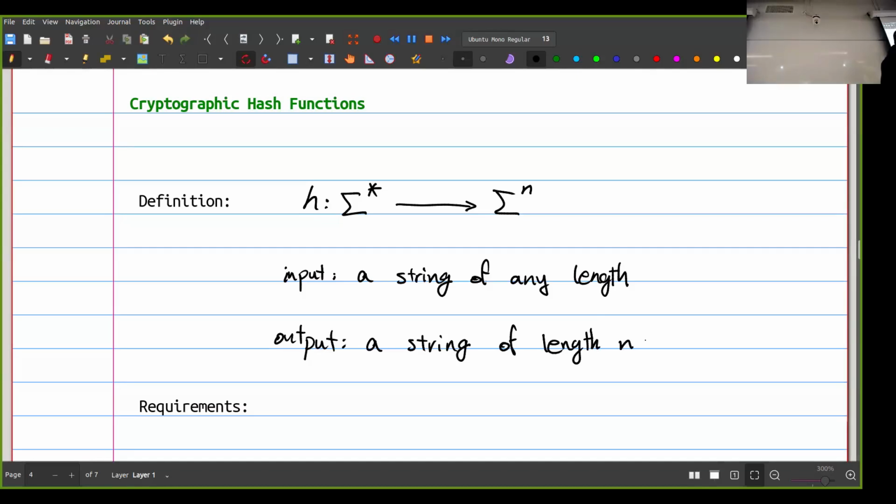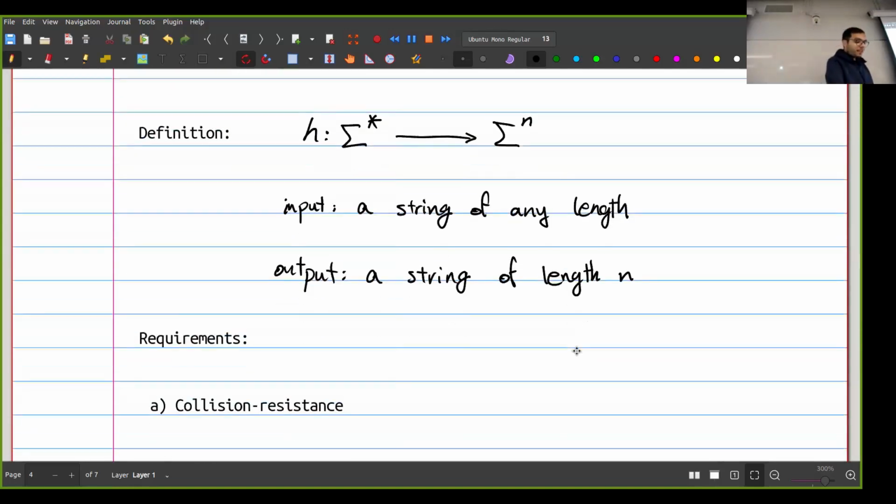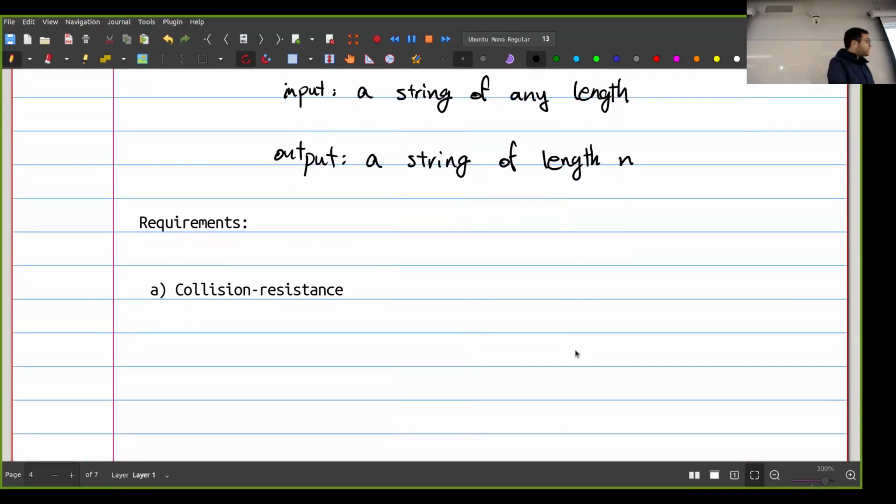Right. So this is what we call a hash function. But in order for it to be a cryptographic hash function, it has to satisfy some extra requirements. Now, here are the requirements. The first one is called collision resistance. Basically, what this means is that no one can find two different values that have the same hash.